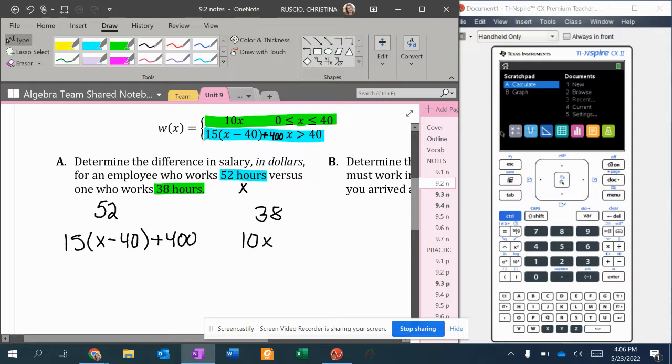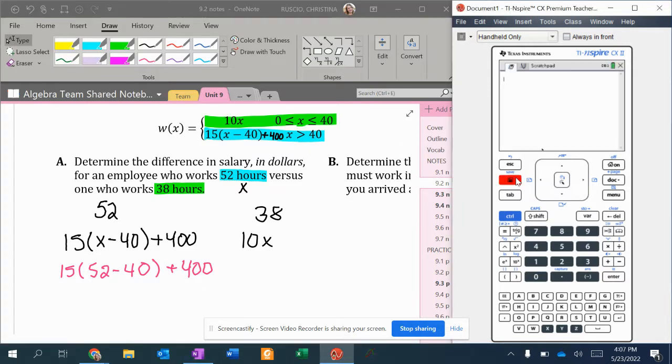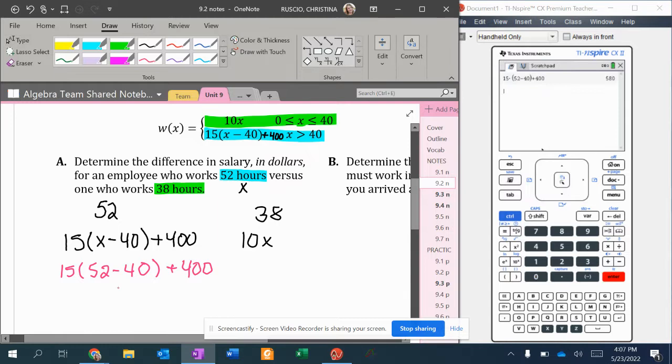It doesn't say we have to do it algebraically versus graphically, but let's just show it algebra-wise so that way we know what is up. So 15 all times 52 minus 40 plus 400. You can type that right into your calculator, just how you see it. So let's just see, 15 parentheses 52 minus 40, close those parentheses, plus 400. And that ends up equaling 580.